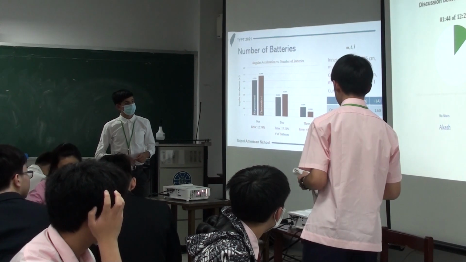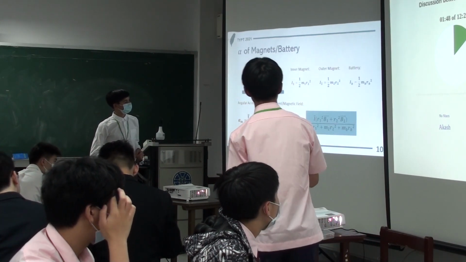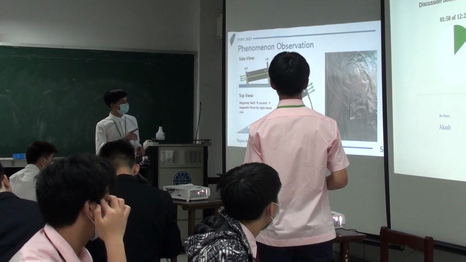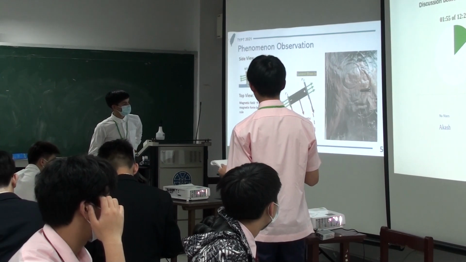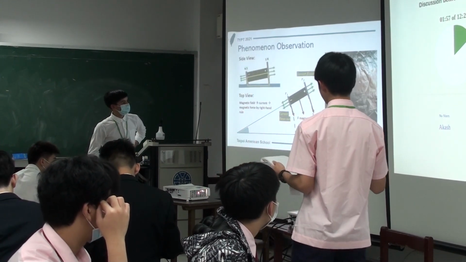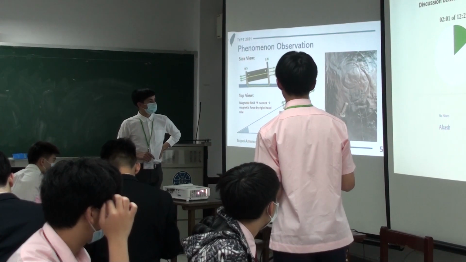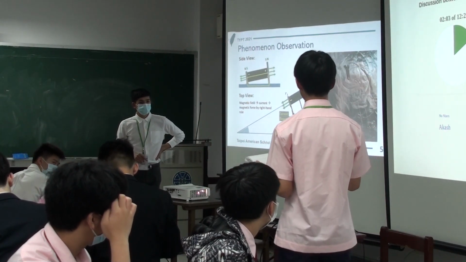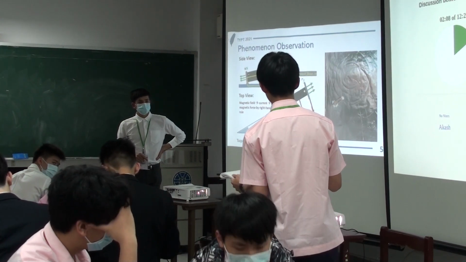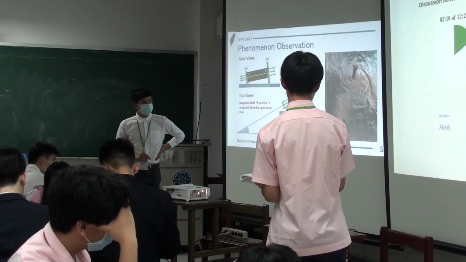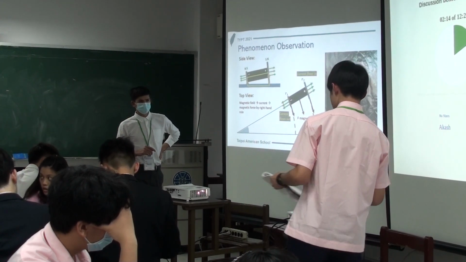And please turn to the observation part, please. Video. If the magnet is rotating faster, do you think the friction is great enough to support the force to not let it go in the horizontal direction?